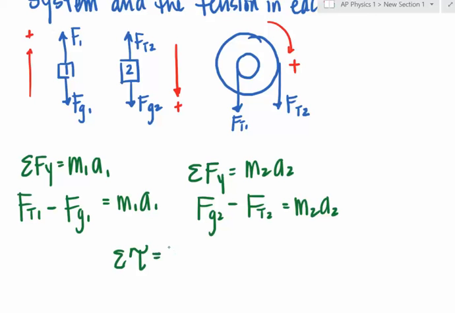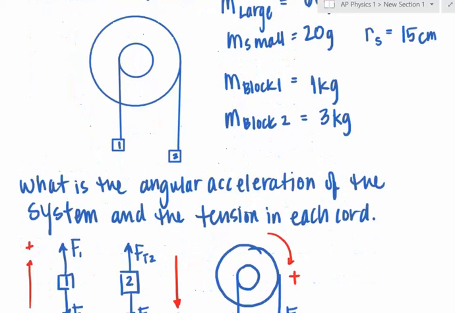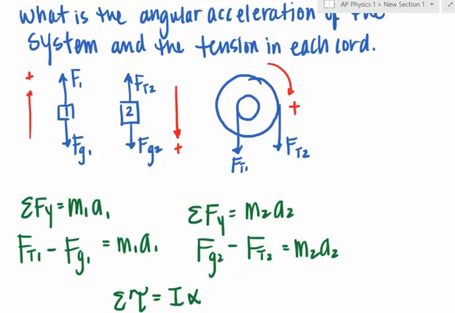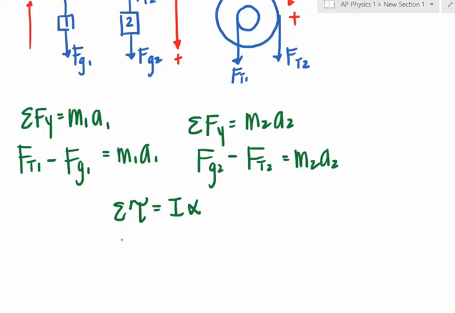Our torque would be equal to I times alpha. And in this case, we're looking for alpha. Okay, if we think it's going clockwise, then FT2 times R large minus FT1, but it's at a distance of R small, is equal to I alpha.